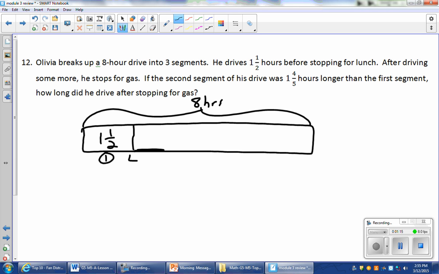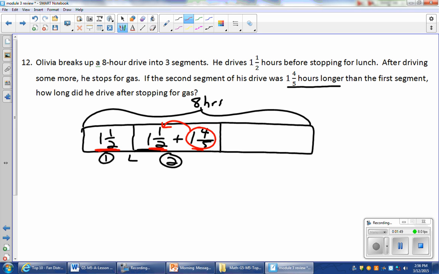If the second segment of the drive was 1 4/5 hours longer than the first, well, it would be 1.5 hours, and then another 1 4/5 for the second segment, because that second segment is 1 4/5 longer than the first. The first was 1.5 hours. So that second segment is that and that together. There's the second segment.